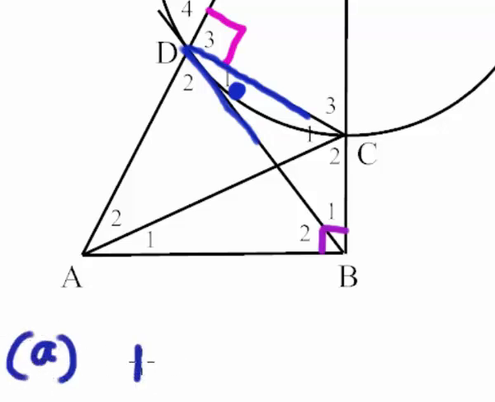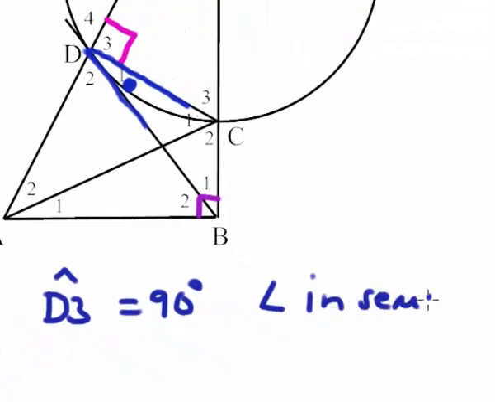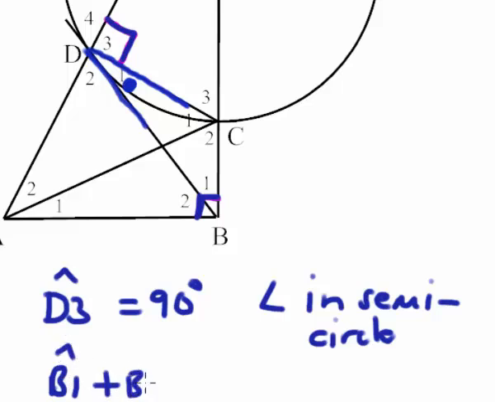Well, the first thing we can say is that D3 is 90 degrees, angle in the semicircle. What a pleasure. And then what do we know about the angle B there? Well, we know that angle B1 plus angle B2, the whole angle, is also 90 degrees. That is given to us.